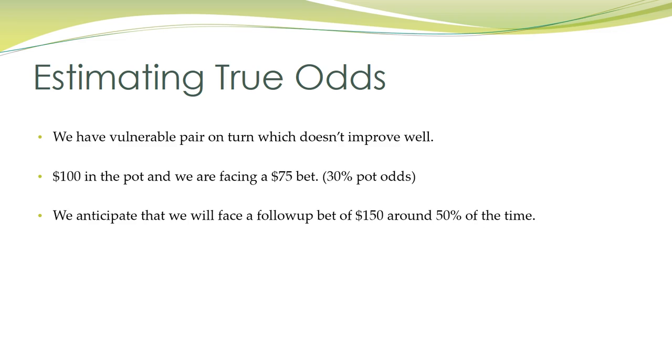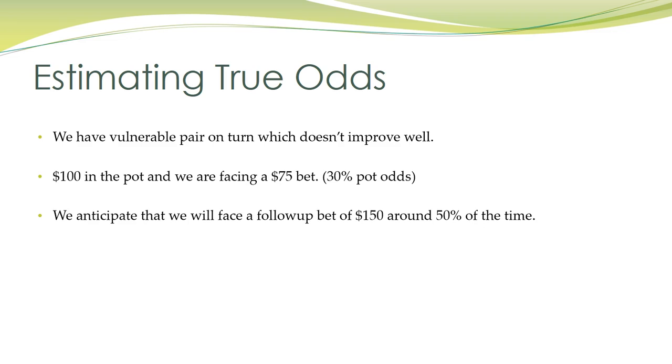Although, of course, as we've seen, that's actually $150 some of the time, and we get to see a free showdown the other 50% of the time. We can equate that to being another $75 bet on the river. So in some senses, it's almost as if rather than betting $75, our opponent's actually betting $150 on the turn, because that's what we essentially have to invest on average in order to reach showdown.